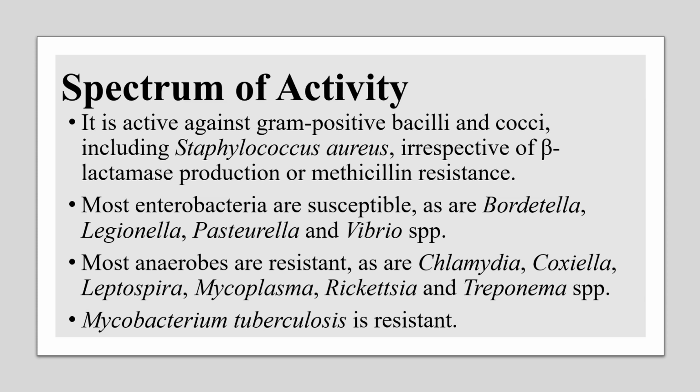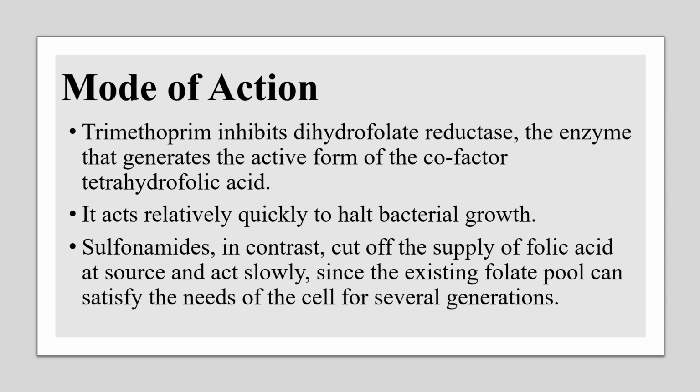Other than Staph aureus, trimethoprim is found to be active against Enterobacteria as well as against Bordetella, Legionella, Pasteurella and species of Vibrio. Just like sulfonamide, most anaerobes are found to be resistant, as well as species of Chlamydia, Coxiella, Leptospira, Mycoplasma, Rickettsia, Treponema, and also Mycobacterium tuberculosis.